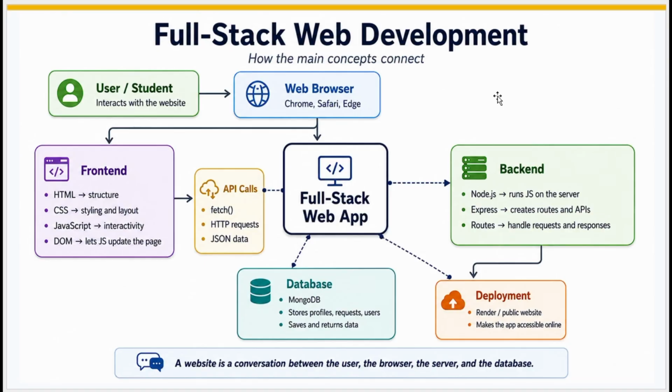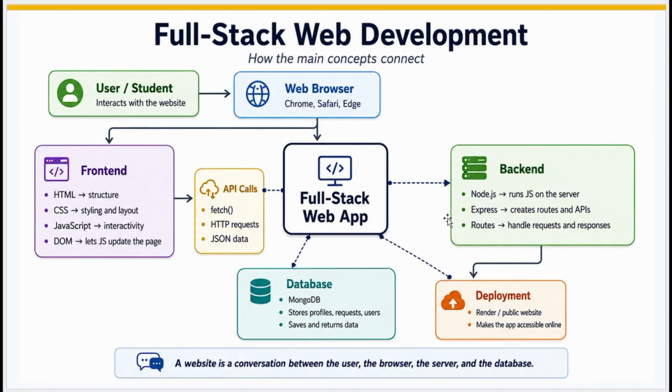So the big idea is that a website is a system. When we first learn web development, it is easy to think a website is just a page with images, text, buttons, etc. But modern websites are much more than that. They are interactive systems where users can send information, receive information, update content, and sometimes even collaborate with other users.